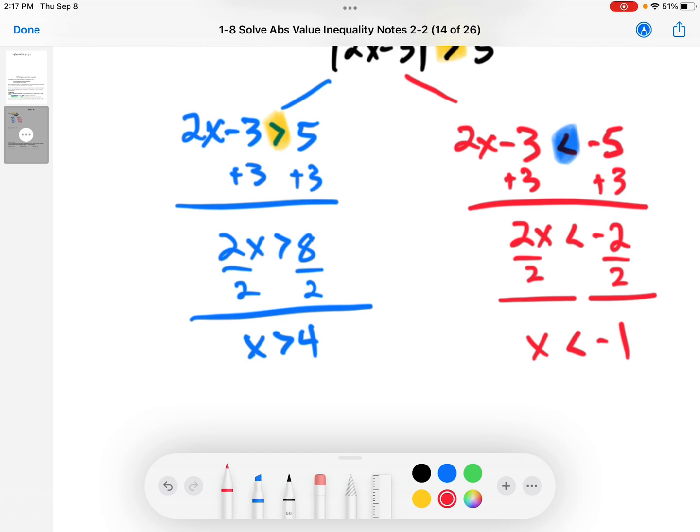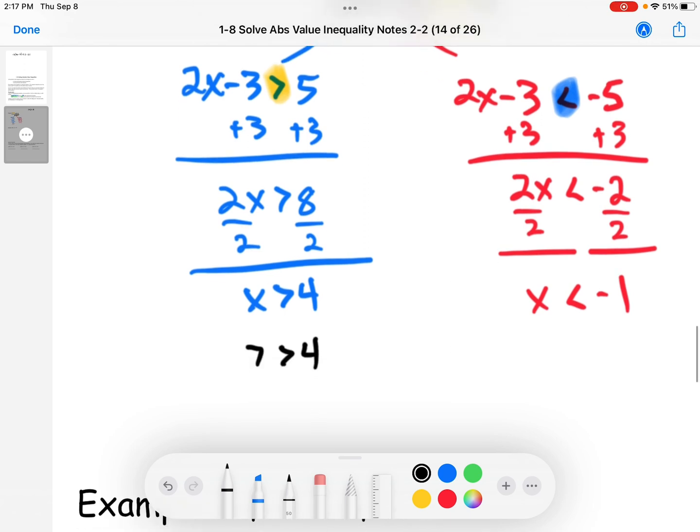We could say the number 7. 7 is greater than 4, so 7 is a number that fits for x right there. Does 7 fit into the other inequality? Is 7 less than negative 1? The answer is no, of course it's not.